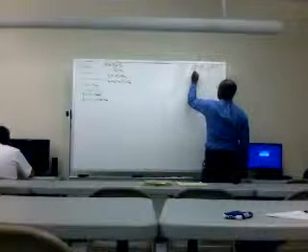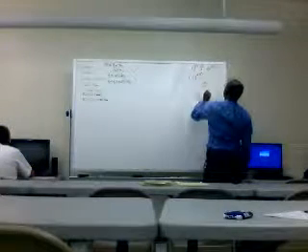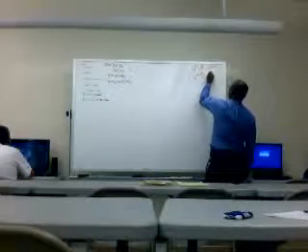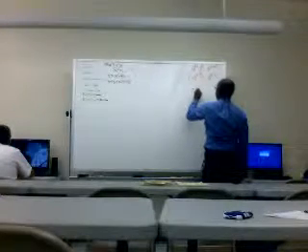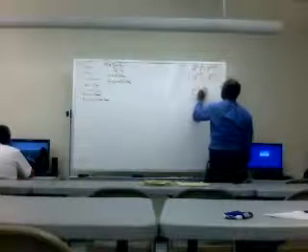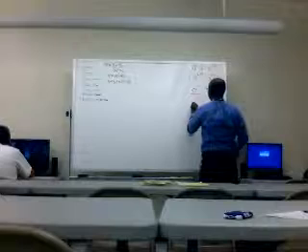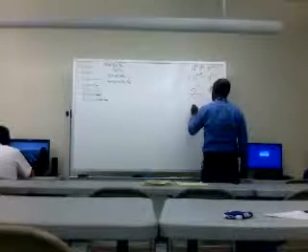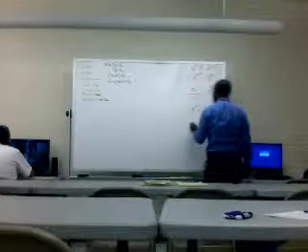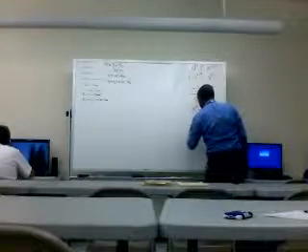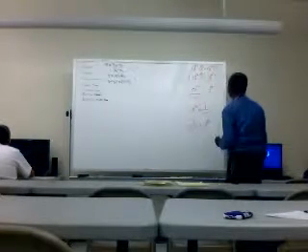If you weren't here for this lesson, you can look on our YouTube channel and find the entire lesson. a to the m divided by a to the n equals a to the m minus n. a to the negative m equals 1 over a to the m, and 1 over a to the negative m equals a to the m.